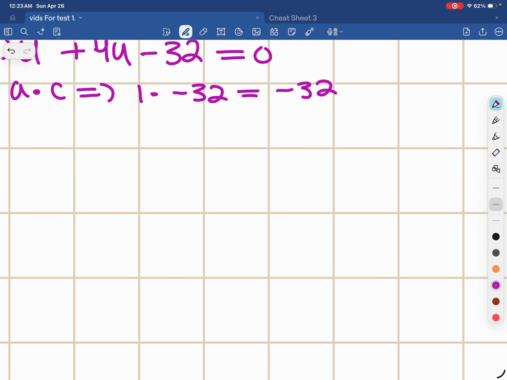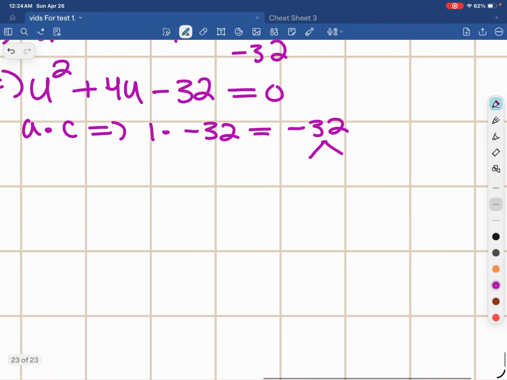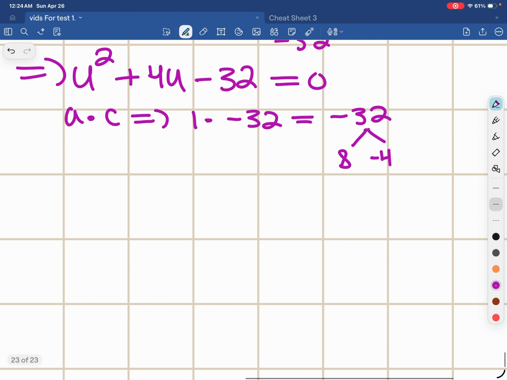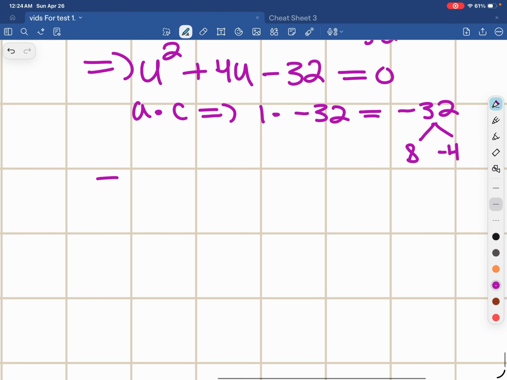Right off the bat, what values are going to give us 4? And this is a relatively easy one. We have 8 and 4. We want it to be positive 4, so we'll have 8 times negative 4 will give us negative 32, and 8 plus negative 4 will give us 4. So we're going to rewrite that in those terms.